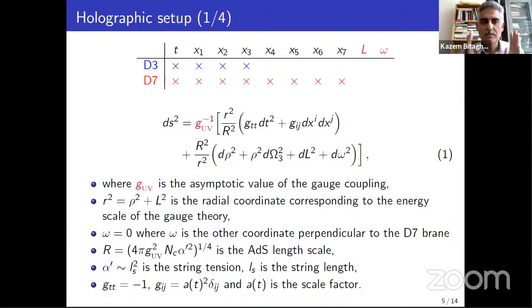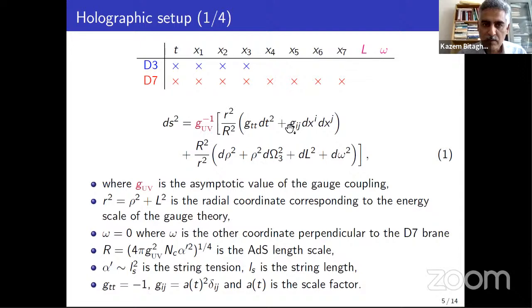Then you have some strings between D3 and D7, and this is given by L, the distance between these two. When this is changing, you are studying the mass of the quark. The quark mass in the boundary theory is changing by changing this L.